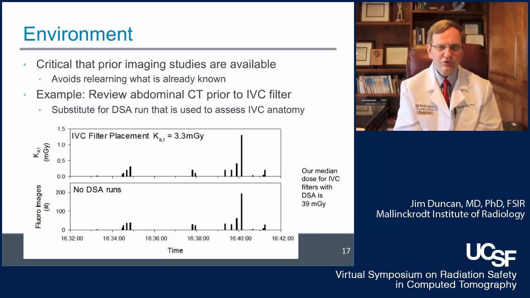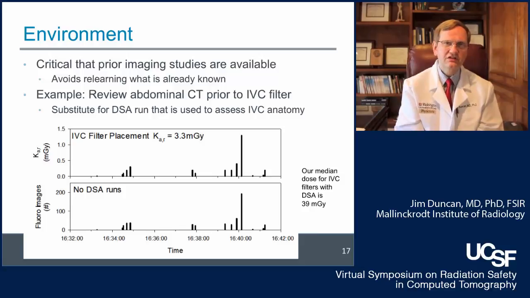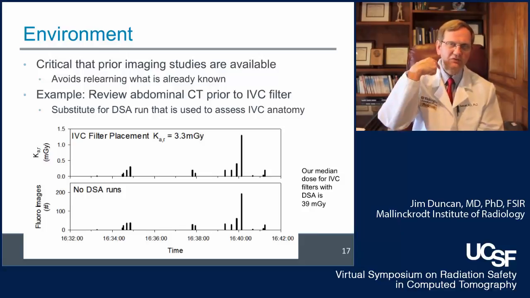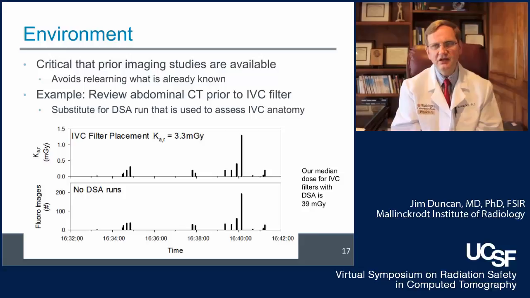And when you look through the timeline for this 10 to 12 minute procedure, you see a little bit of fluoroscopy at the beginning, which is typically associated with coming down from the jugular into the IVC. There was a fluoro acquisition with contrast injection to prove that there wasn't clot in the IVC, and there rarely is.